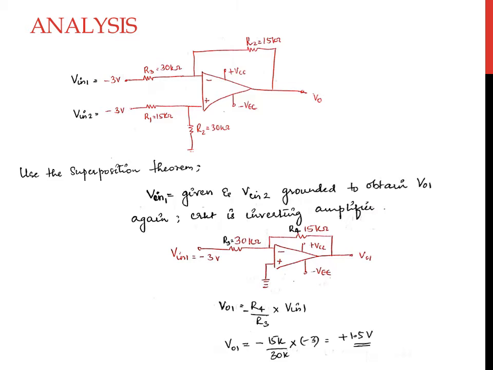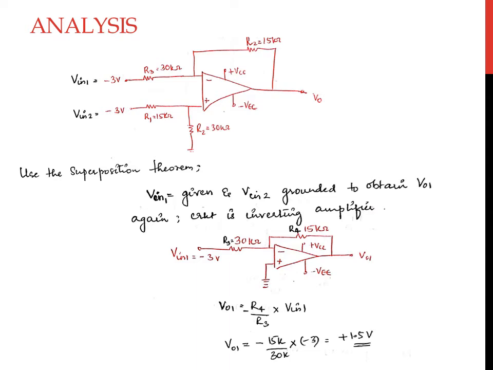So here, first we apply the input voltage Vin1 and Vin2 will be grounded to obtain Vout1. The equivalent circuit is an inverting amplifier circuit, and we obtain the output voltage Vout1 to be equal to plus 1.5 volts.